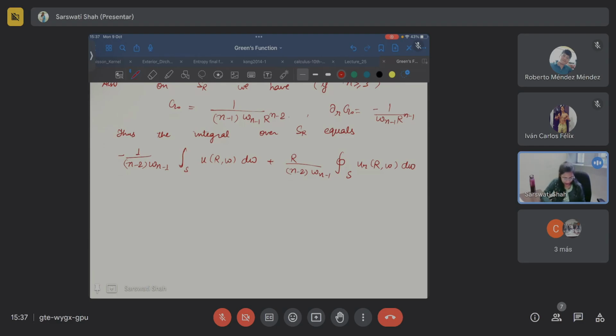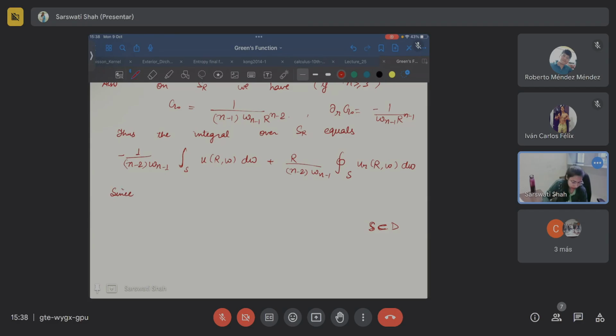Now, u is an arbitrary continuous function defined on a closed bounded domain D, taken from D to R, where D is a bounded region.